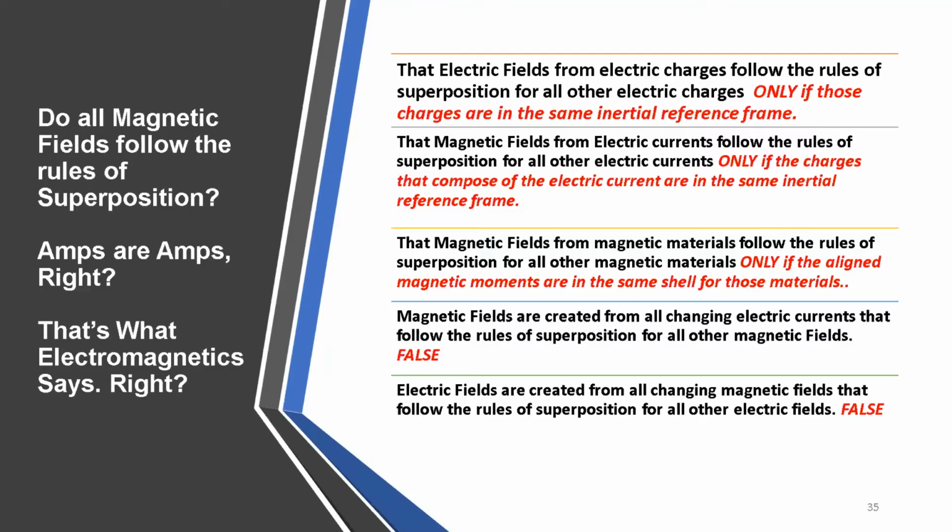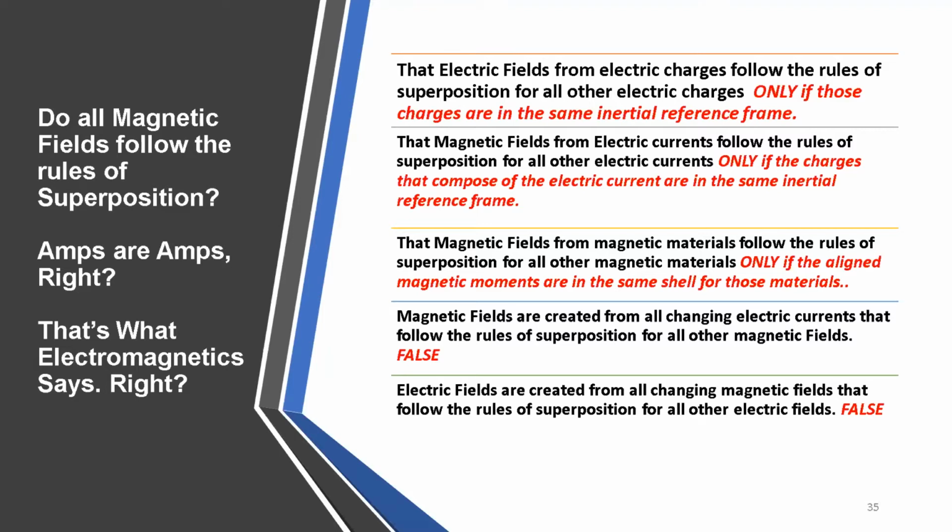Magnetic fields from magnetic materials follow the rules of superposition for other magnetic materials only if the magnetic moments are in the same shell, because when you model the electron flowing around an atom, it is moving at about 200,000 meters per second. So if you have magnetic materials that are the same, with electrons flying around the nucleus at the same speed, they're going to follow the rules of superposition.